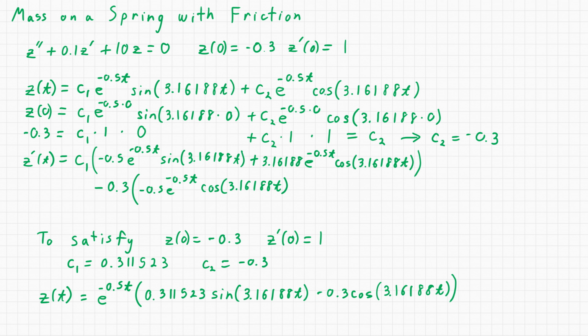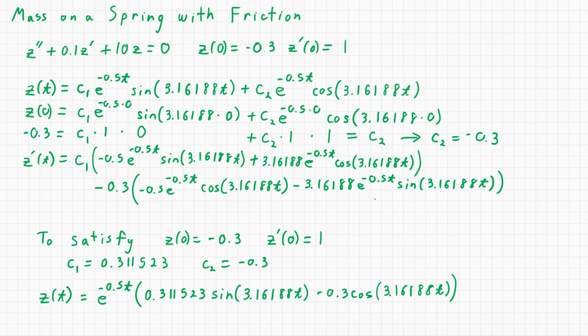The derivative of cosine is negative sine, and because this is a chain rule, it's going to pop out the 3.16188. So I end up with a minus 3.16188 e to the negative 0.5t times sine of 3.16188t, close parenthesis, then bigger parenthesis.